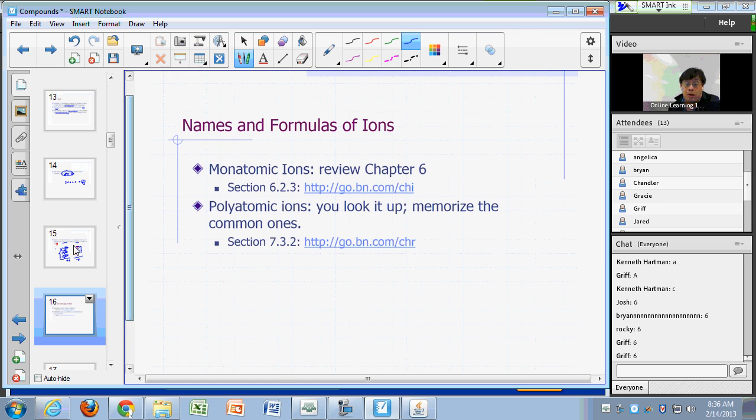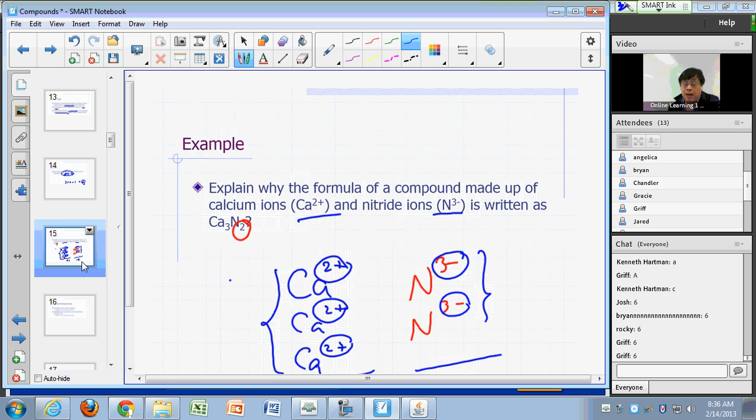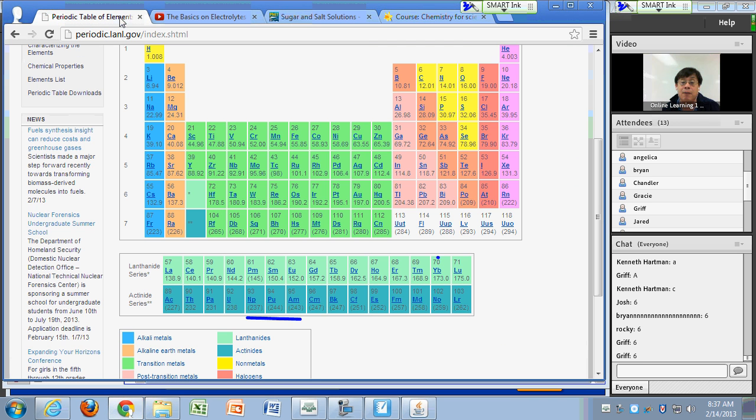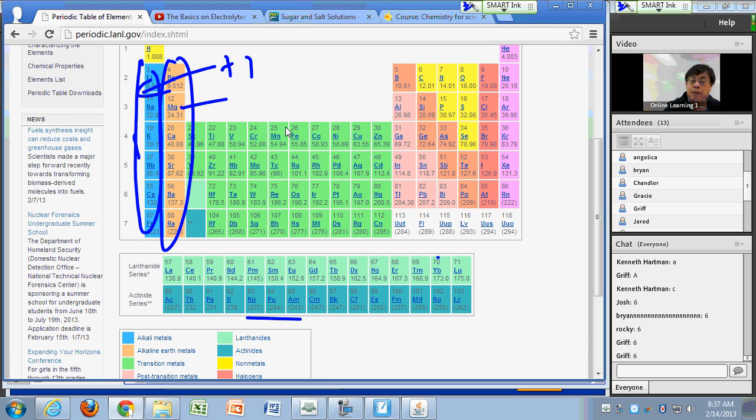So the formulas of ions, how do you know them? You kind of have to start memorizing them. We covered them in the last lesson on monatomic ions. When we look at the periodic table, you can predict what the charges are for the monatomic ions. Let's just do a quick review of that. Remember, these are plus 1. Group 2A, monatomic ions from those are plus 2.